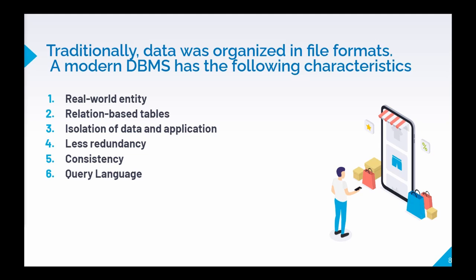A database management system can provide greater consistency as compared to earlier forms of data storing applications like file processing systems. Consistency is one of the most important characteristics when we are talking about DBMS. Hindi pwedeng pabago-bago.